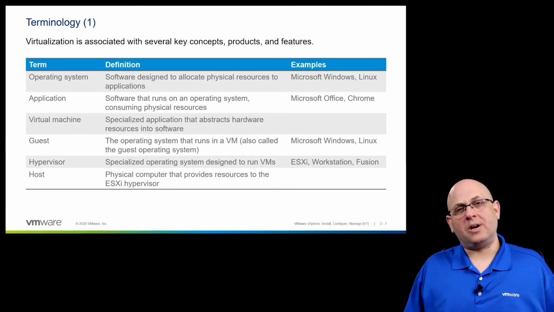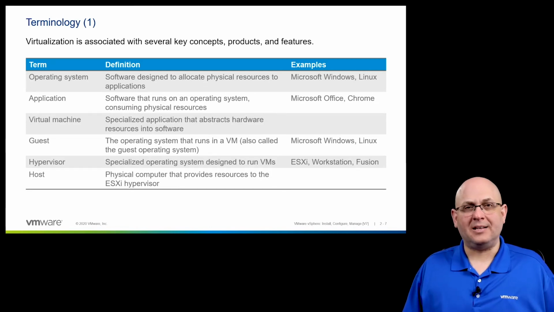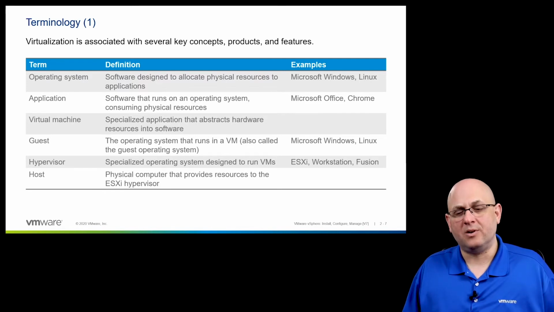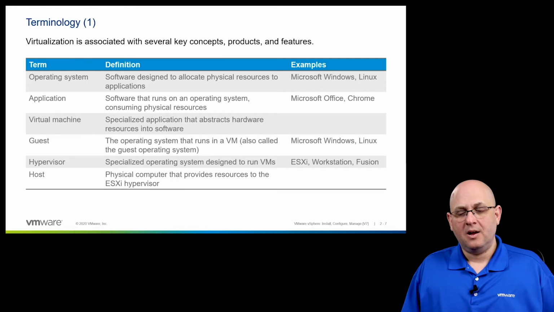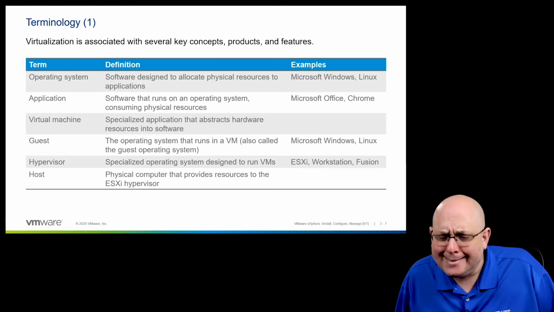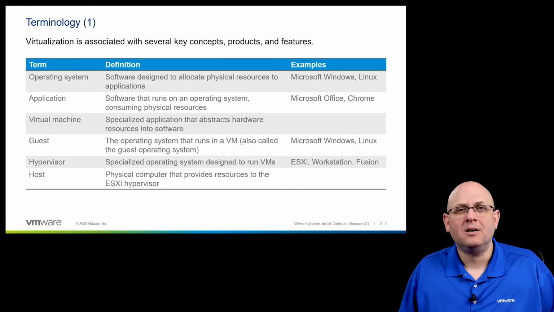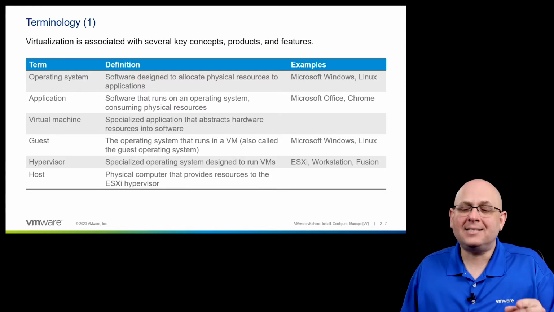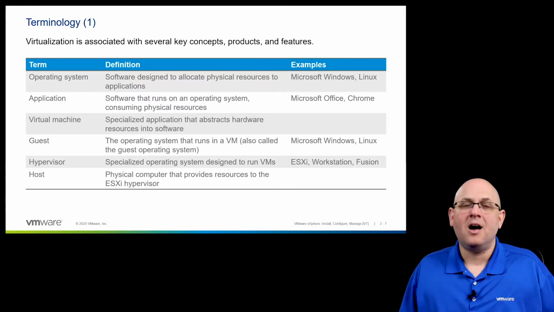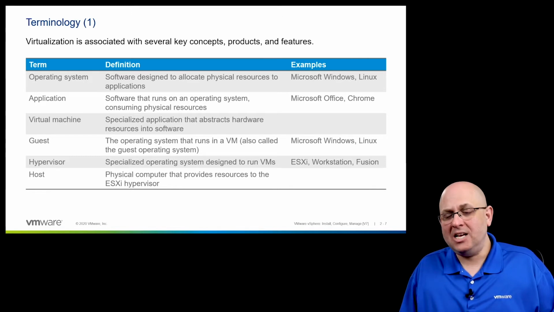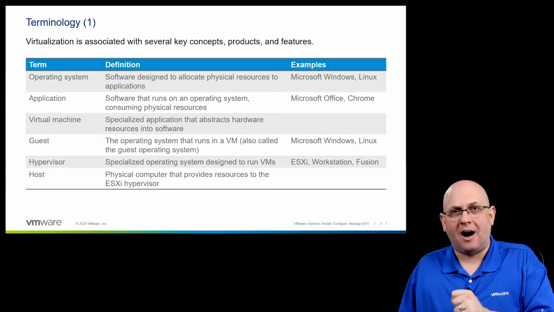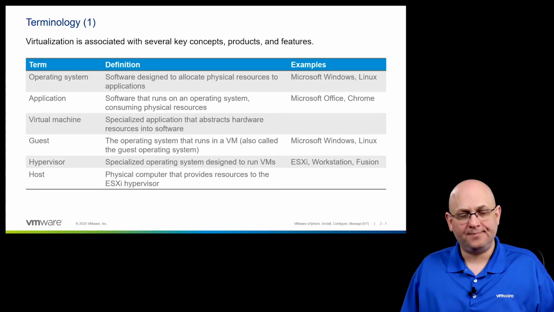All right, so we understand what an operating system is, and we understand it's the applications that are consumers of those resources. So what's a virtual machine now? Okay, a virtual machine is a specialized application. Wait a minute, a virtual machine is an application? Yes, it is. A virtual machine is an application that abstracts hardware resources into software. Well, what does that mean?